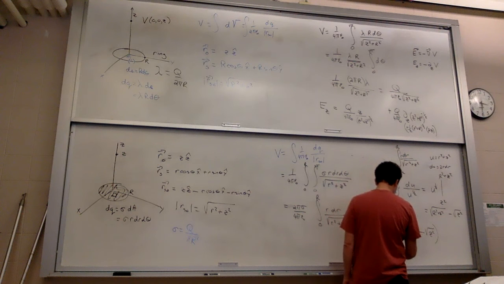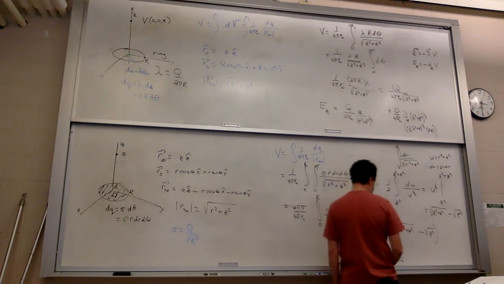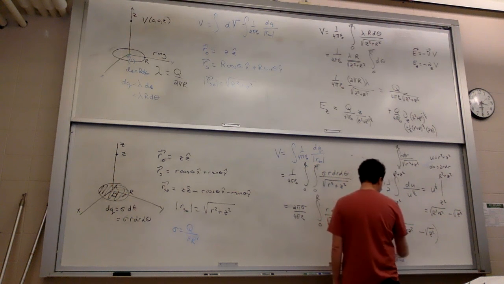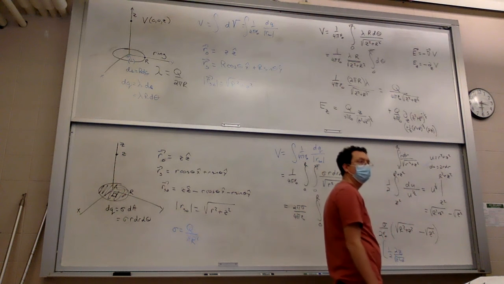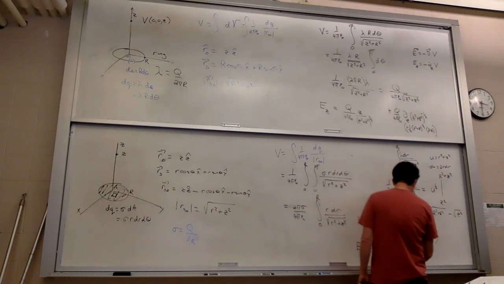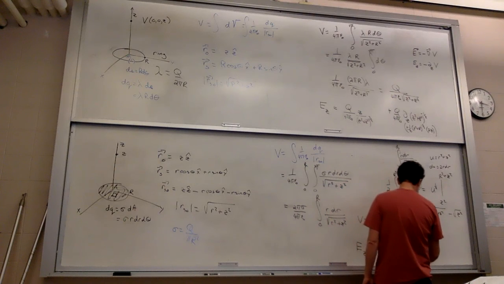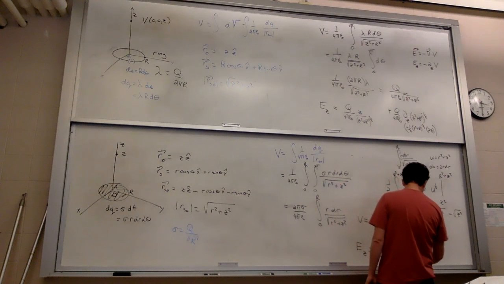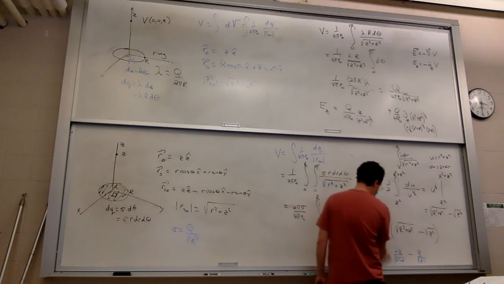So this becomes 1 over the square root of r squared plus z squared, because it's negative 1/2 power, times the derivative of the inside, which is 2z. And I have minus, and I'm going to get z over the square root of z squared. Just half cancels the 2.